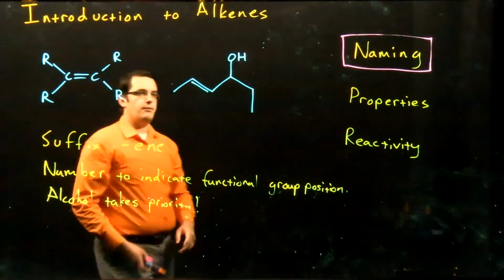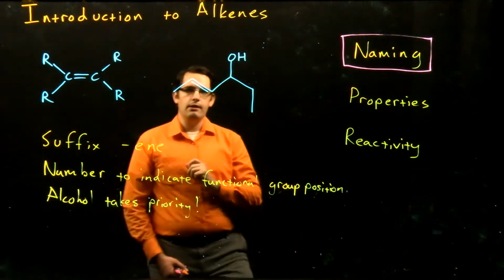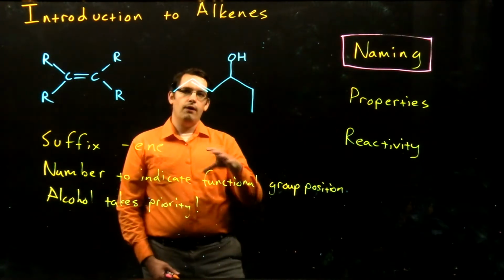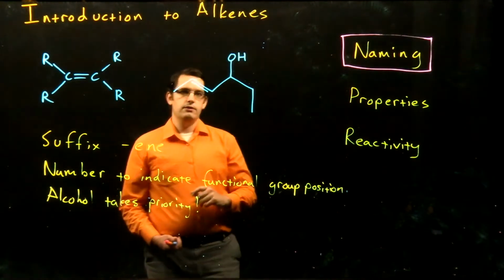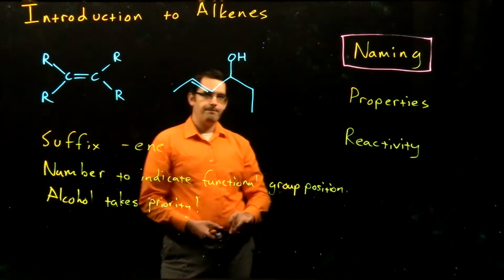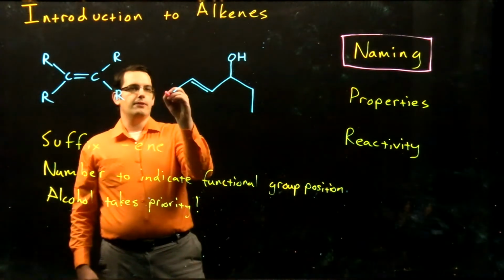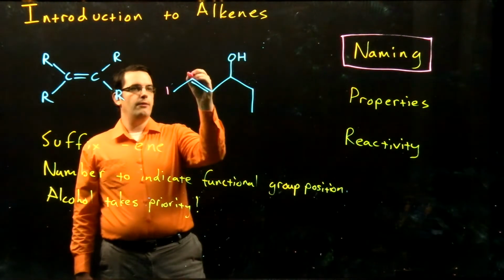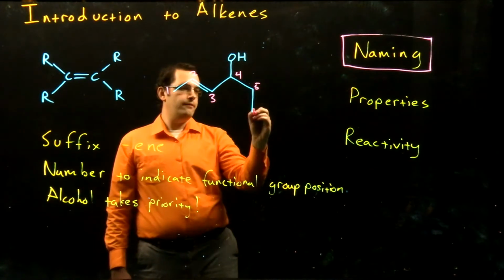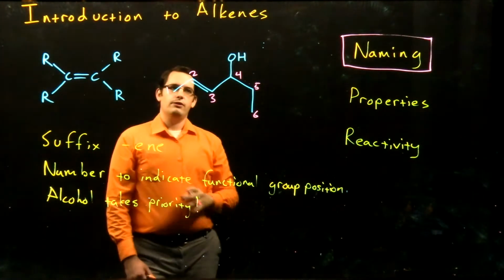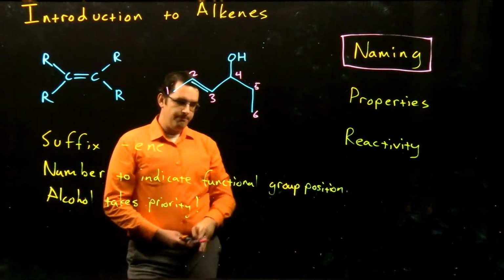So what that means is that we're going to number our molecule in order to give the alcohol the lowest possible number, even if that gives a higher number overall to our alkene. So in this case, if we number from the left side, 1, 2, 3, 4, 5, 6. So our alcohol is at the 4th carbon.